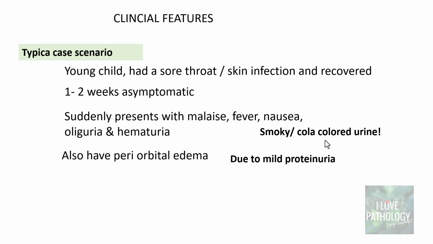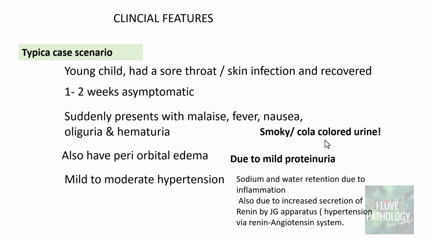That's why the most common manifestation would be periorbital edema. In these cases, there will be mild to moderate hypertension, and that's because of sodium and water retention due to inflammation, and also could be because of increased secretion of renin by the juxtaglomerular apparatus. Okay, basically this is hypertension via the renin angiotensin system.